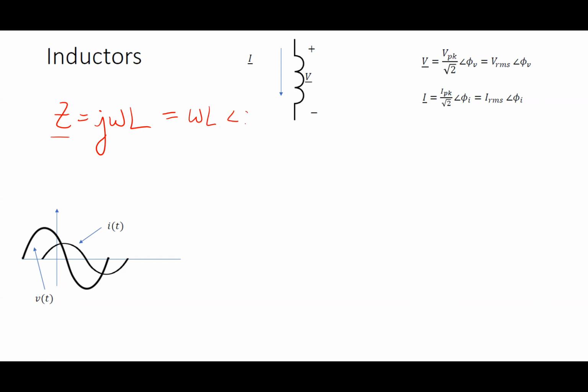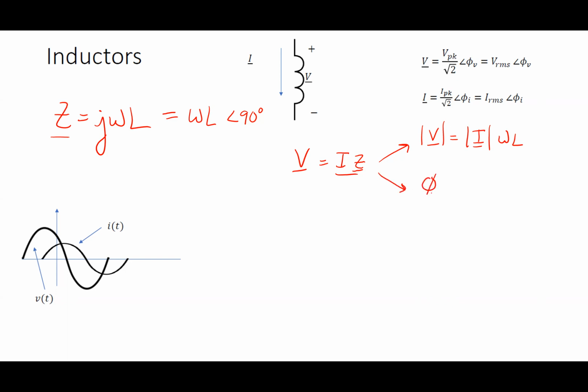And what's the angle? 90. Okay. Now, in keeping with that same idea, V equals I times Z. Again, that's two equations. So the magnitude of V equals the magnitude of I times the magnitude of Z. What's the magnitude of Z? Omega L. For the angle, what do I have?